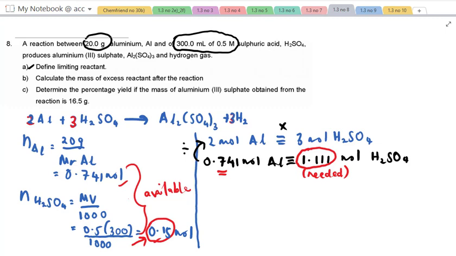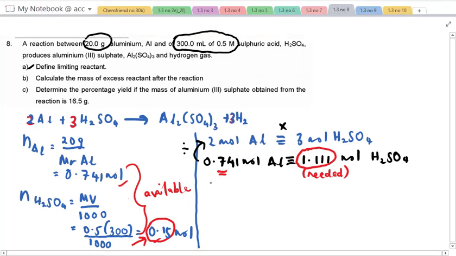Tak cukup. So when it's not enough, who finishes first? Sulfuric acid. Okay, therefore sulfuric acid is the limiting reactant. But before that, what do we have to do, class? We have to compare mole.